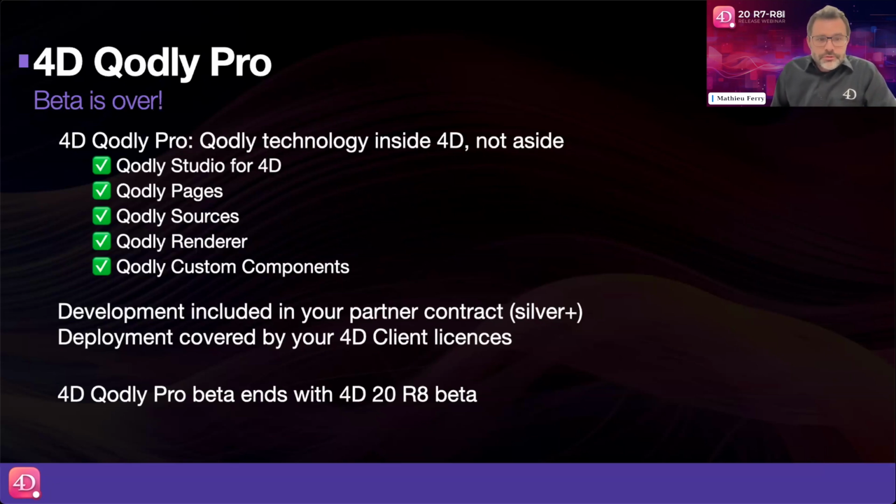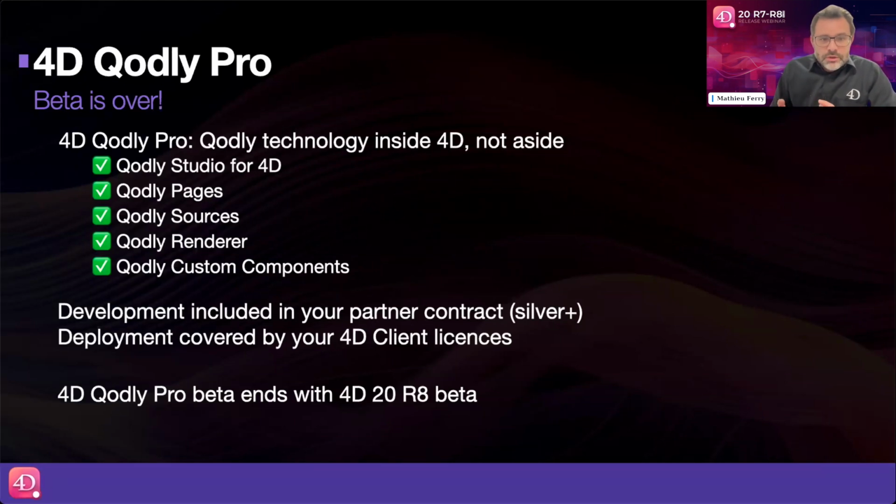4D Qodly Pro offers your 4D app a ready-to-use web studio. You know it already. But Qodly technology is not only a powerful studio. Behind it, you get Qodly pages that are generated by Qodly Studio. It's a JSON representation of a page, events, sources, behaviors.